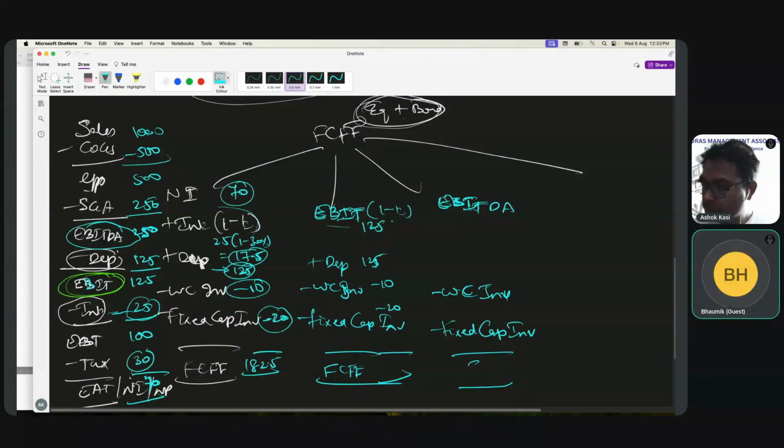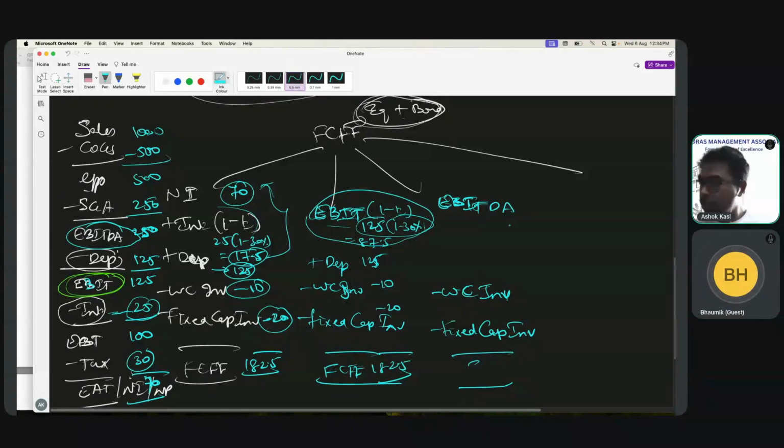Then plus depreciation 125, minus 10, minus 20, gives 182.5. Now 70 percent of that, 87.5, same as 70 plus 17.5, is 87.5. Both of these will come here, so it will match 182.5.